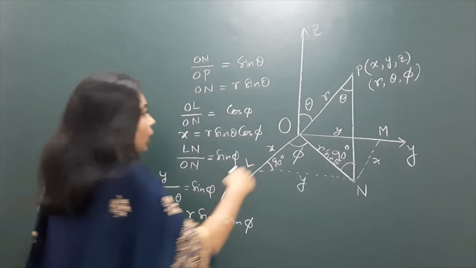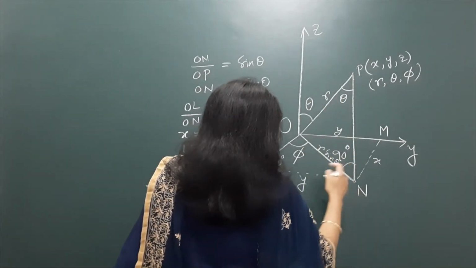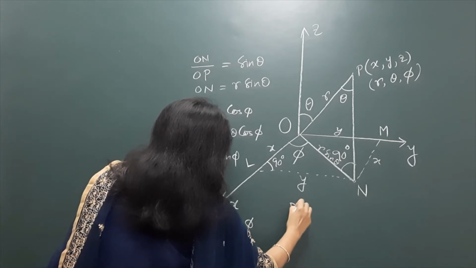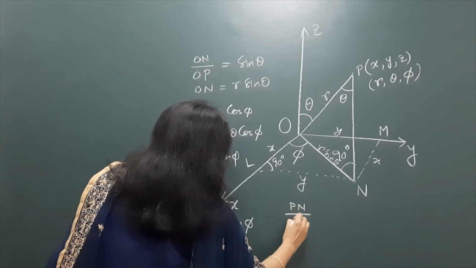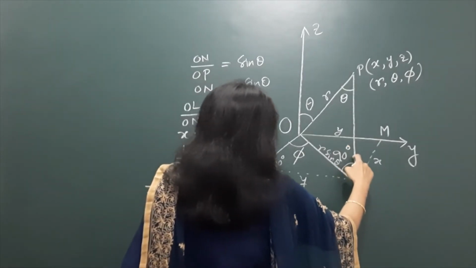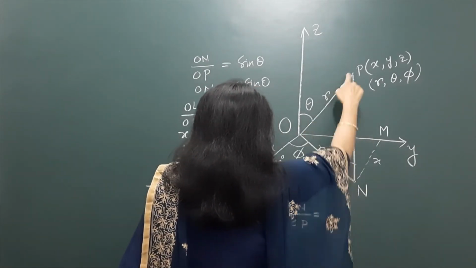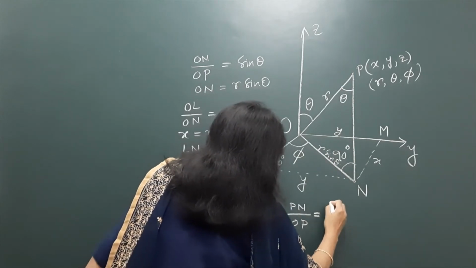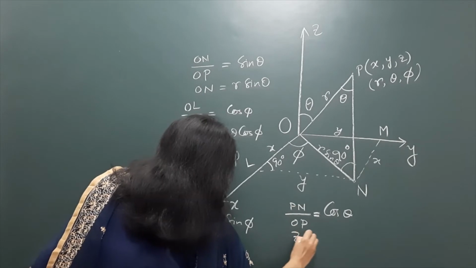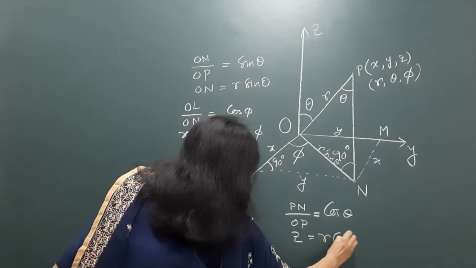Now from this triangle OPN, we can find PN by OP equals, PN is base and OP is hypotenuse. So this is cos theta. So PN, that is Z, equals R cos theta.